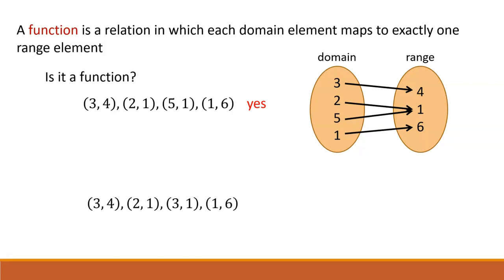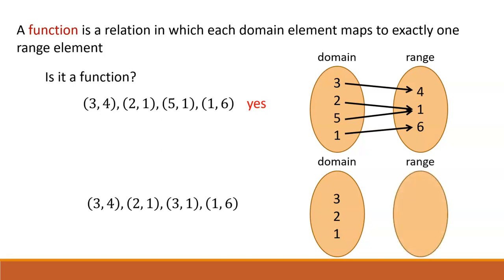Now let's answer the same question for this relation. Is it a function? And we'll also take a look at what the domain and range are and how they map from one to the other. The domain is a set that contains all of our x values, which are 3, 2, and 1. And the range contains all of our y values, which are 4, 1, and 6.